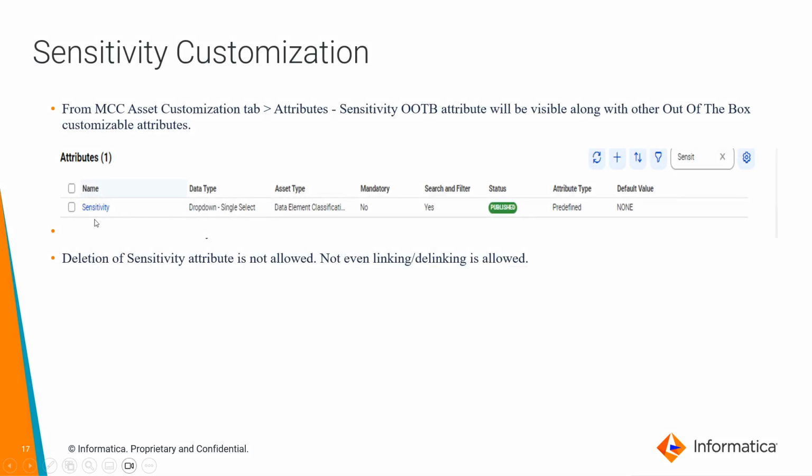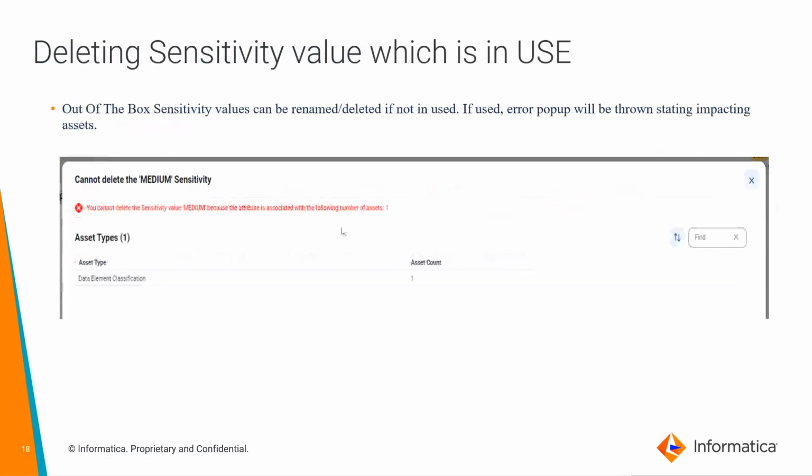So sensitivity is an attribute associated to the data element classification, and deletion of the sensitivity attribute is not allowed. Not even linking and delinking is allowed. Out of the box sensitivity values can be renamed, or deleted if not used.